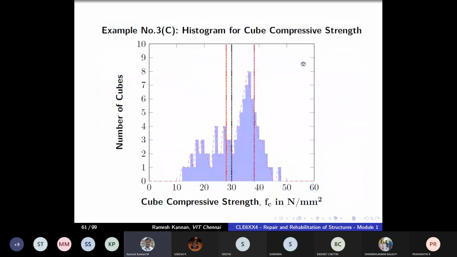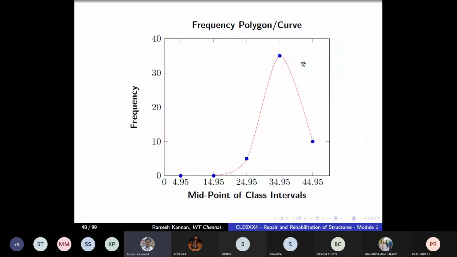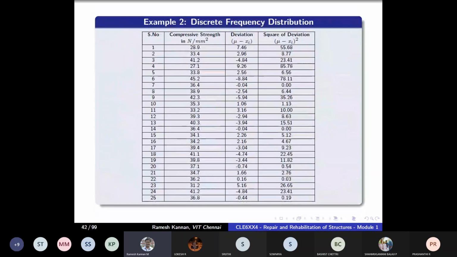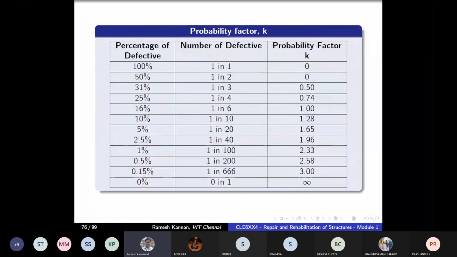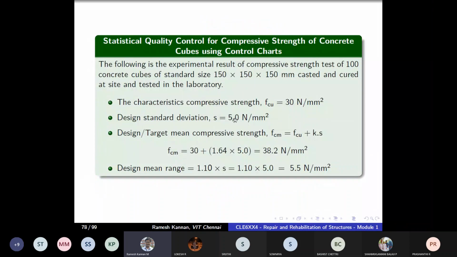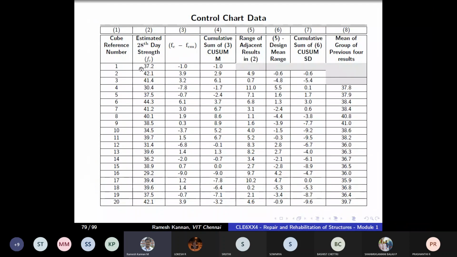If you remember the earlier example, we talked about the squares of deviation, the mean minus xi, where the mean is 36.4 minus 28.9, and this is the square of the difference. So that's only the difference between two values, one is 38.2, another is 37.2: the test value minus the required target value.